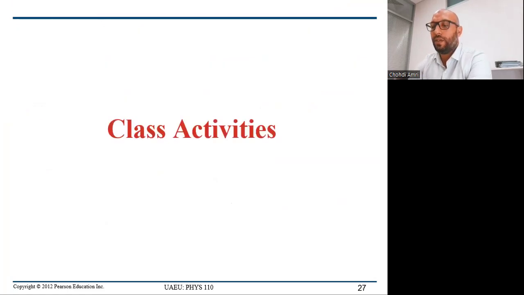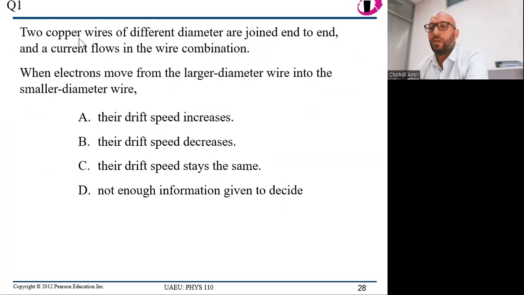Now we have some class activities. Question 1: two copper wires of different diameters are joined end to end, and the current flows in the wire combination. When electrons move from the large diameter to the small diameter, what happened to the drift velocity?